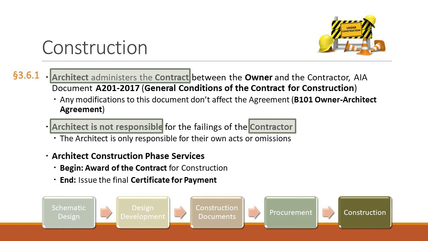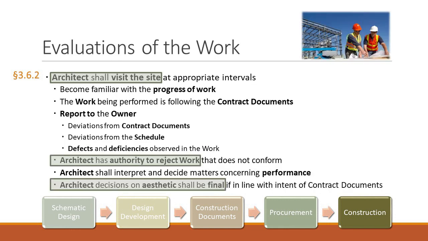Now, subject to Section 4.2 and except as provided in Section 3.6.6.5, the architect's responsibility to provide construction phase services commences with the award of the contract for construction and terminates on the date the architect issues the final certificate for payment. During the construction phase, the architect is responsible for evaluating the work on the site.